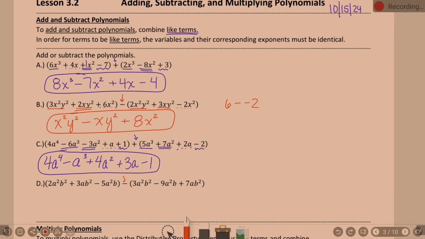We have A squared, B squared goes with A squared, B squared. And what are we going to have? Negative A squared, B squared. Okay, 2 minus 3 is going to be negative 1, so negative A squared, B squared.